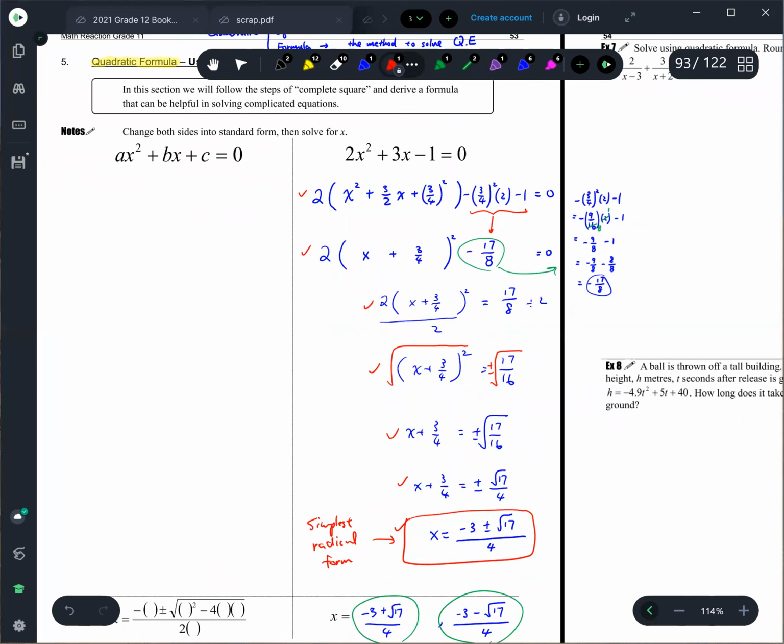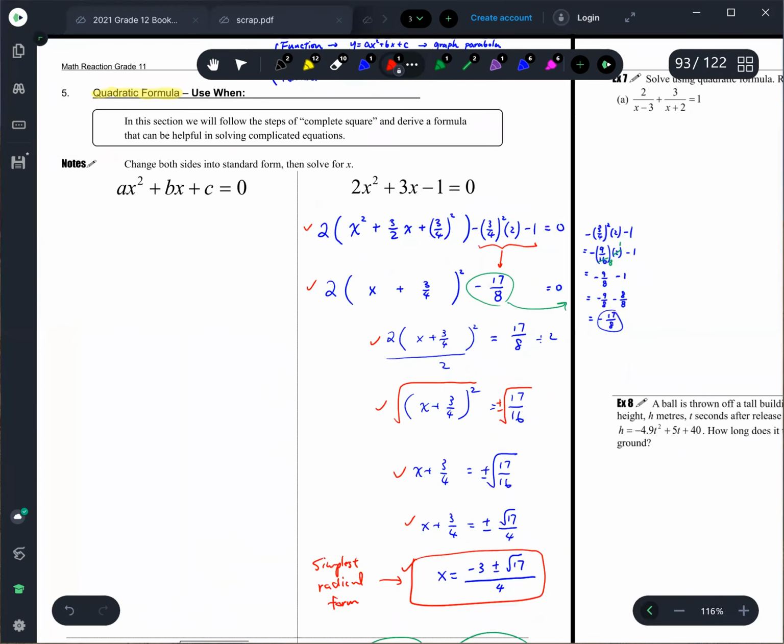So usually we use that method if they don't tell you to use complete the square, because it's faster. Unless they say please solve by completing the square, then you must show these 7 steps. Okay, let's take a look at how to use the formula.